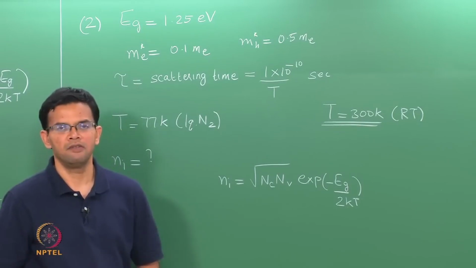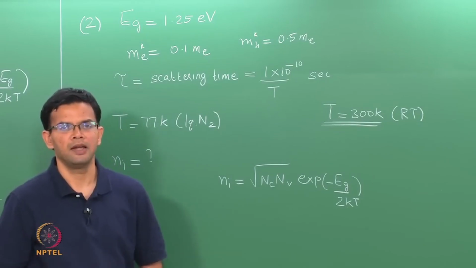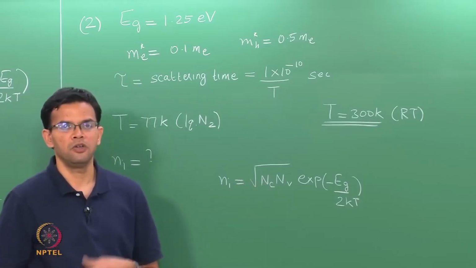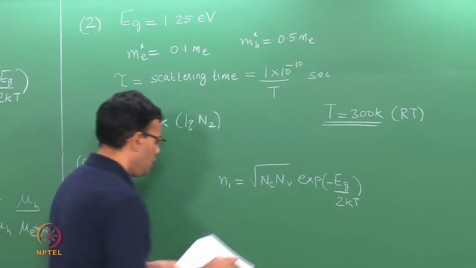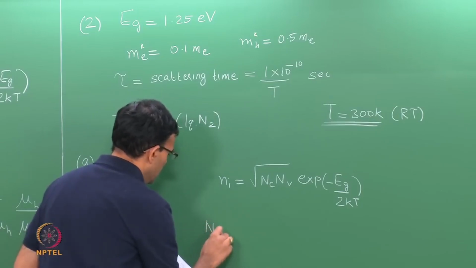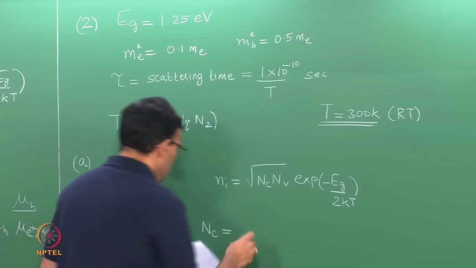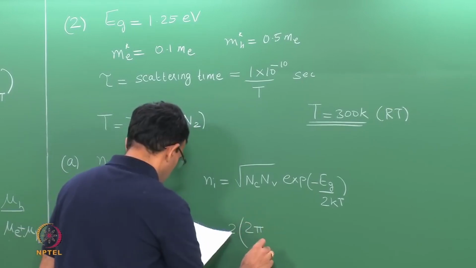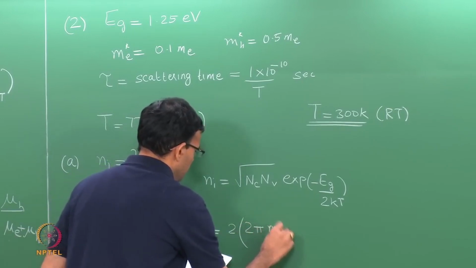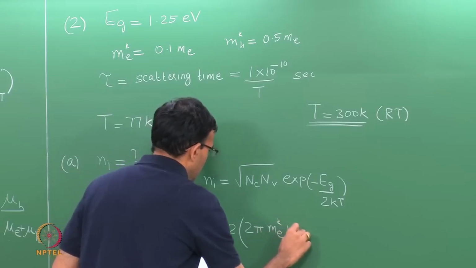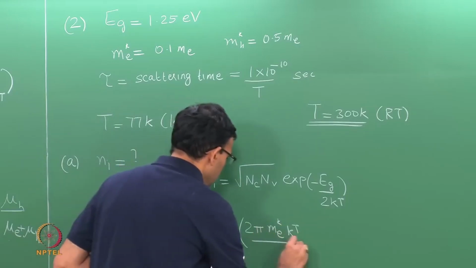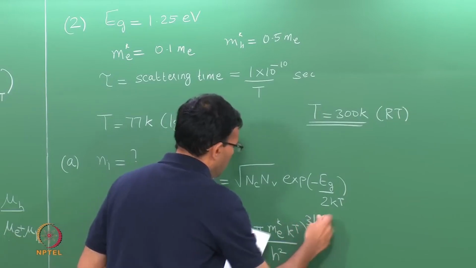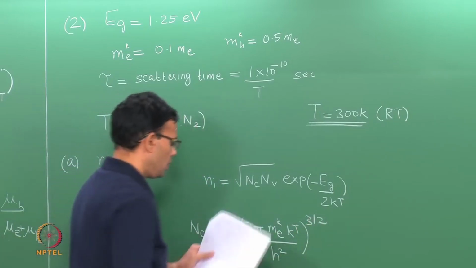These are the effective densities of states at the band edges, but these we can calculate once we know the effective mass. So, Nc, which is the density of states at the conduction band edge, is nothing but (2 pi me star kT over h square) whole power 3 over 2.